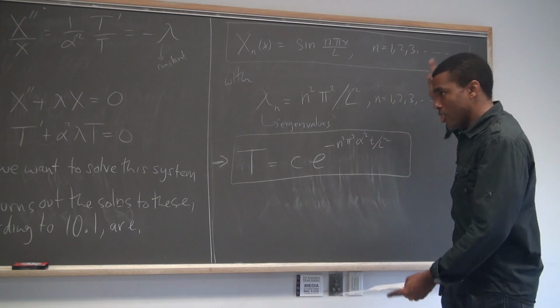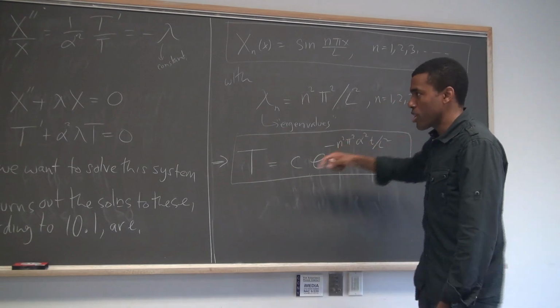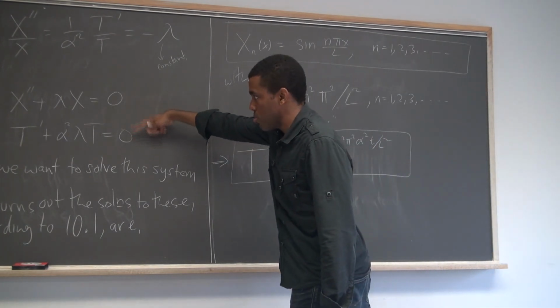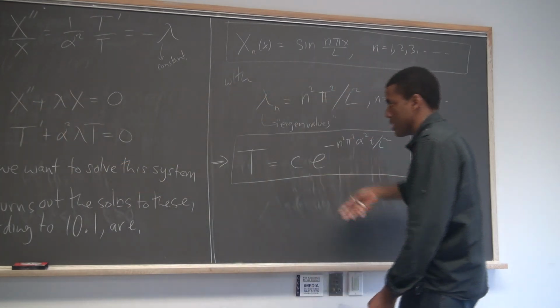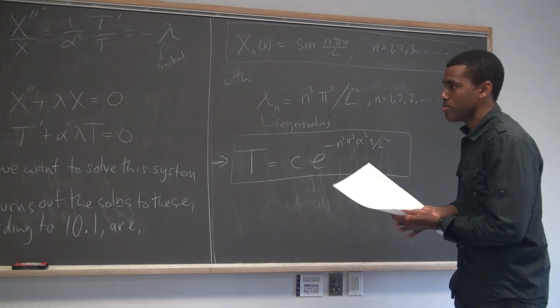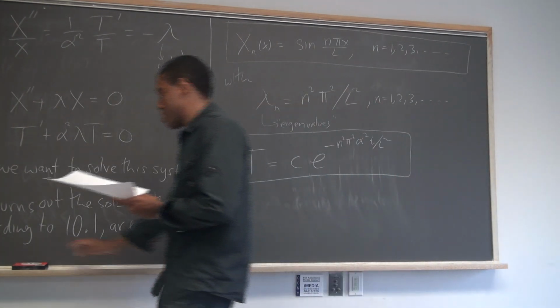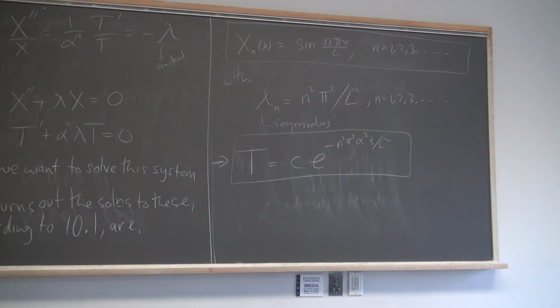I know they look complicated, but it's not. If you actually work through these, they're pretty simple differential equations to solve. They're just constant coefficients. You work through it, you'll see that you'll get these. I don't want to lose the time deriving everything directly. So that will be our X, that will be our T, which means if I assume u is just the product of these two, I can figure out what the u's look like.